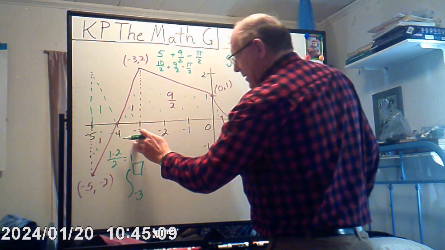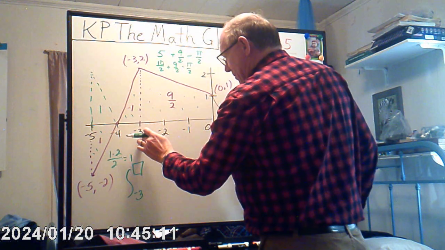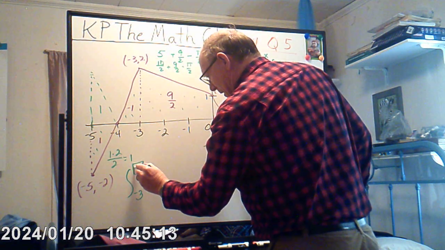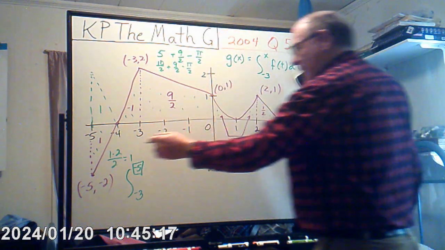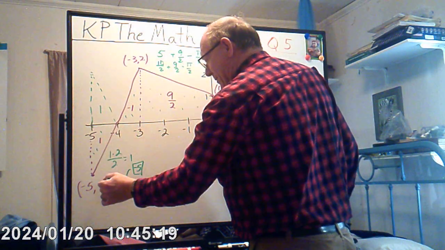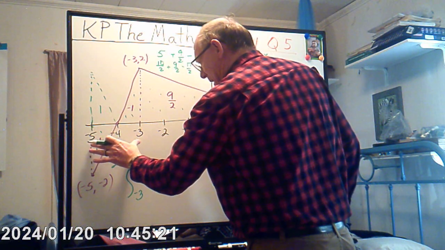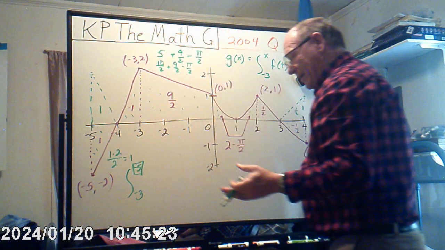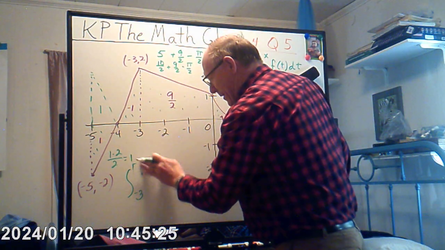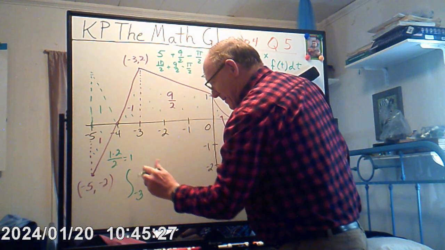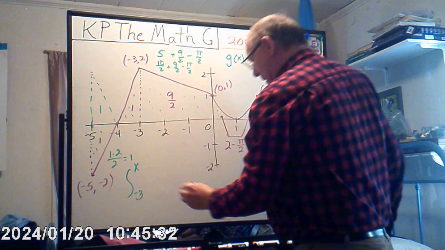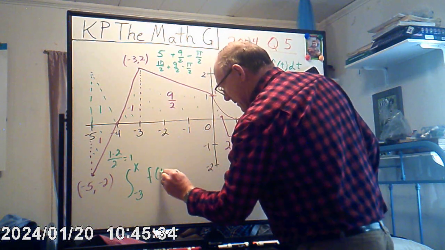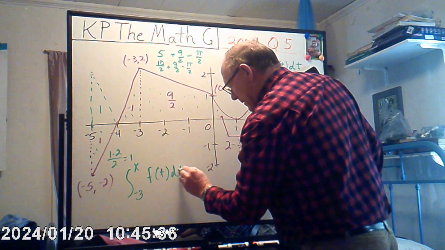Actually, I'm going from negative 5 to 3. I put the negative 5 into x, and let's just go ahead and leave the x there. So the integral of f(t) dt.